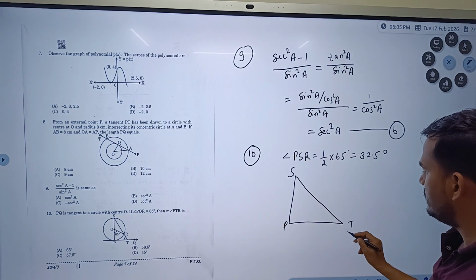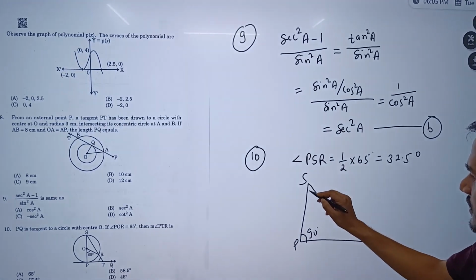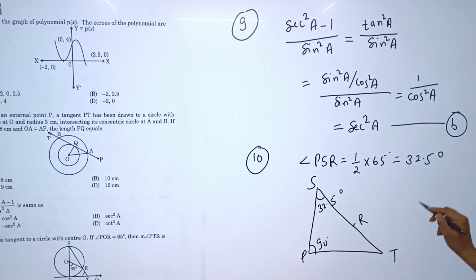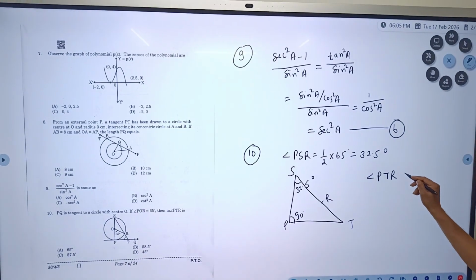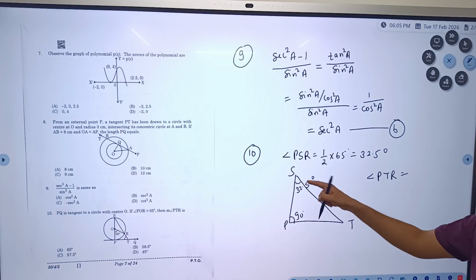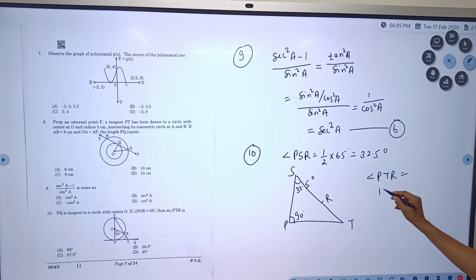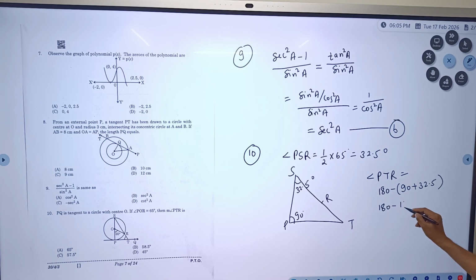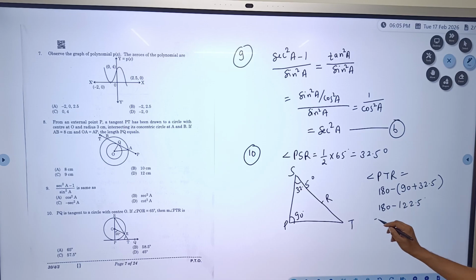This angle SPT is 90 degree and this angle is 32.5, and SR point is here. So angle PTR will be equal to 180 minus the sum of these two angles, 180 minus (90 plus 32.5). So this is 180 minus 122.5 degree, which is equal to 57.5 degree. Option C.